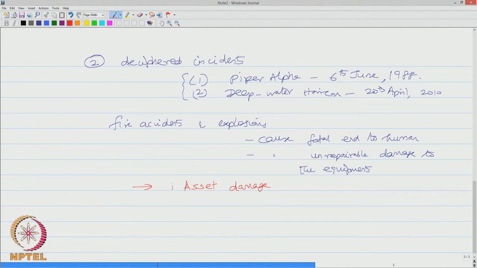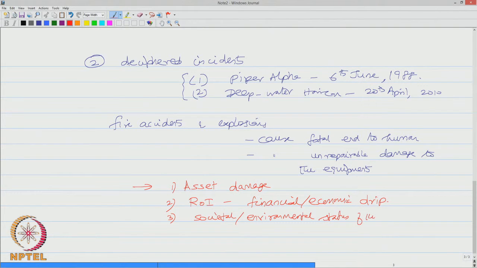It affects the return on investment, leading to a financial or economic drop, which also affects the societal and environmental status of the vicinity, and it anyway affects the economic growth of the country.